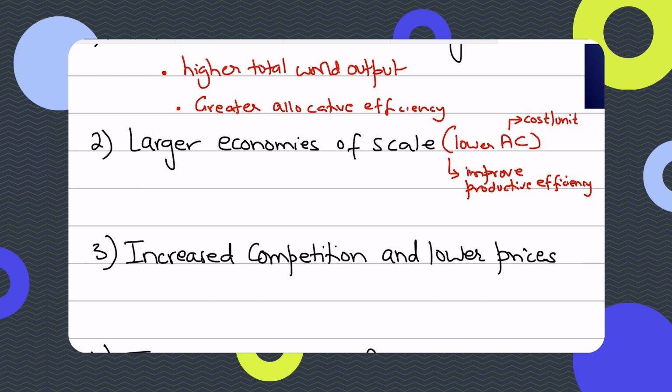Productive efficiency on a firm level means that you're producing at the lowest possible cost. So goods by those firms would be produced at the lowest possible cost. And obviously, if the cost is lower, lower cost would often translate into lower prices for consumers. So that will benefit consumers, and that would result in higher consumer surplus.